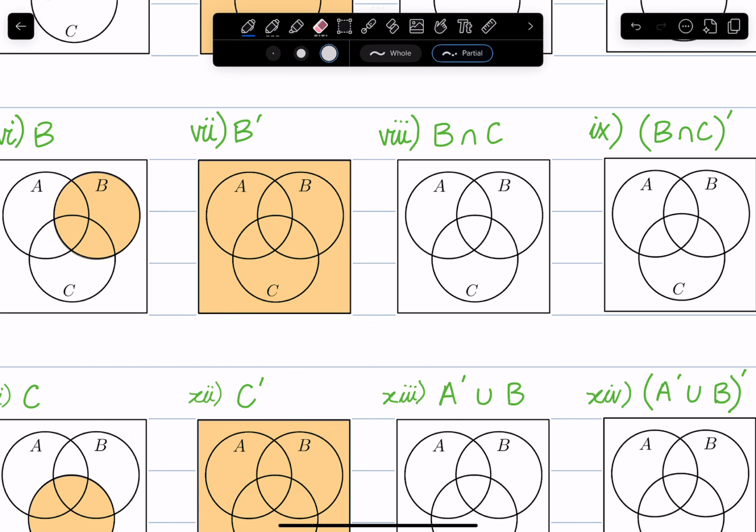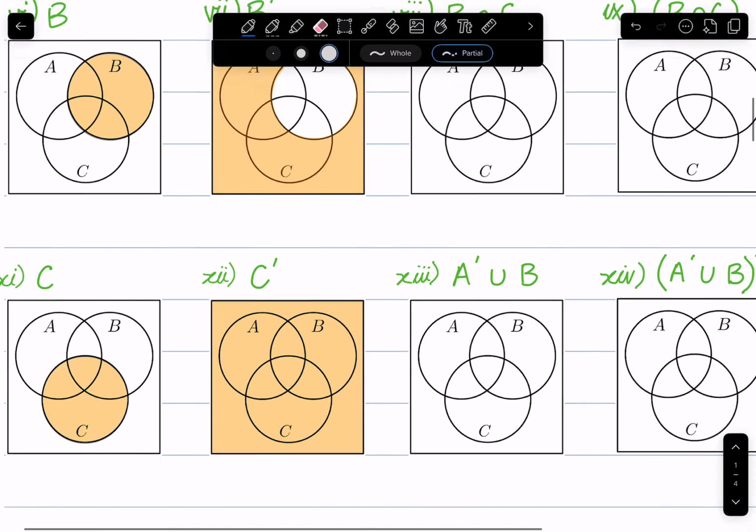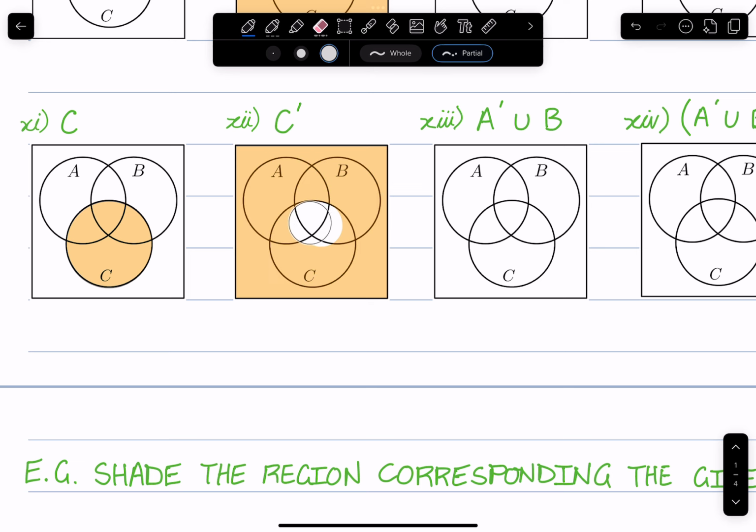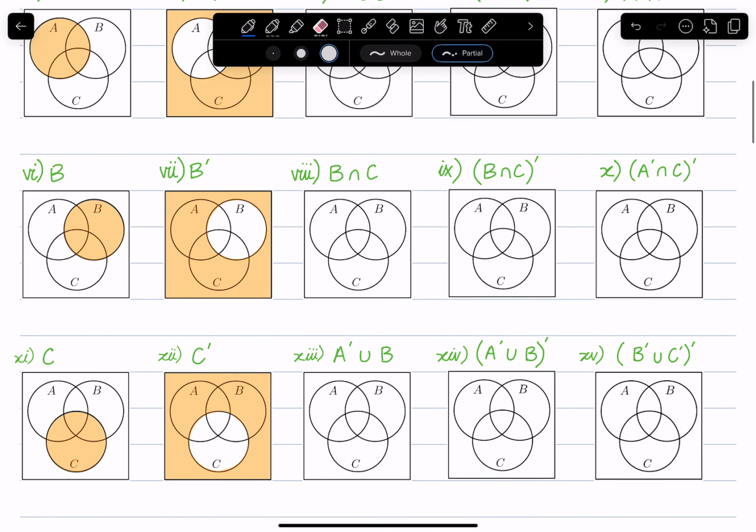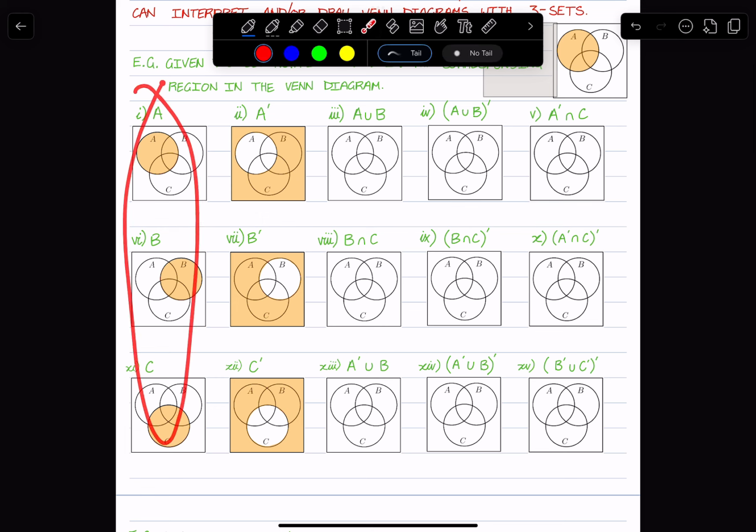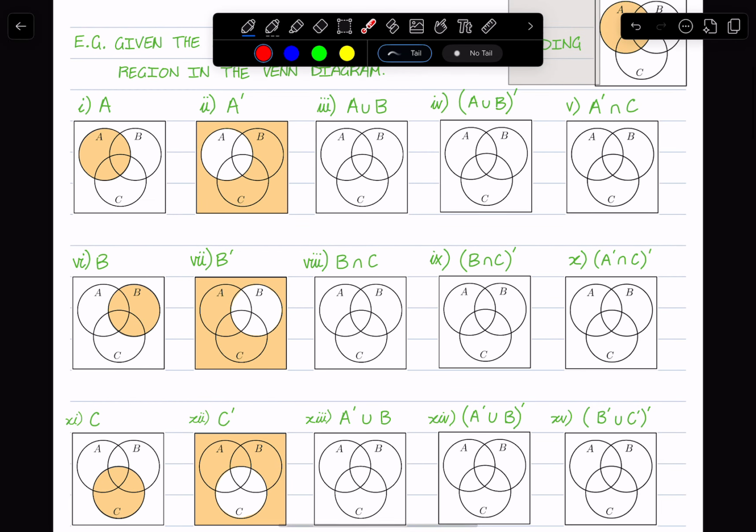So not B is everything outside of B. And not C, it's everything outside of C. So these are the three basic sets, and the complement of each of these. So let's move on to the next.